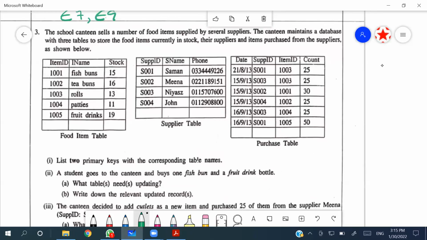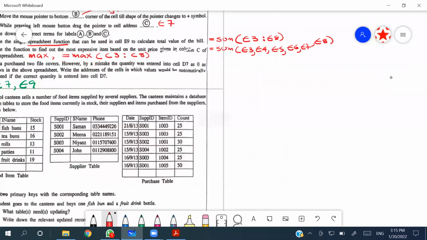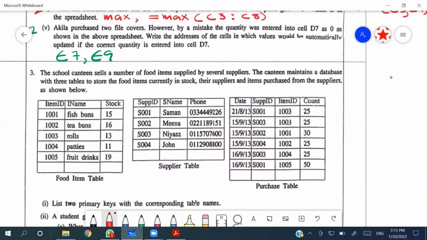So they are asking, list 2 primary keys with corresponding table names. Now, if you look into the food item table, you can easily recognize item ID as the primary key of the food item table, because these values are unique, right?